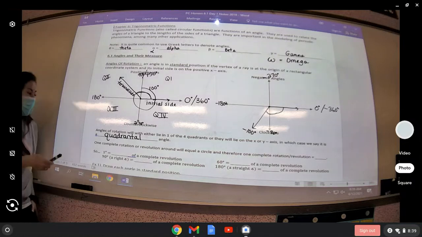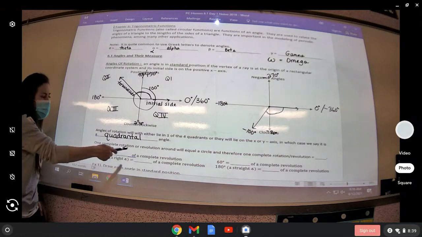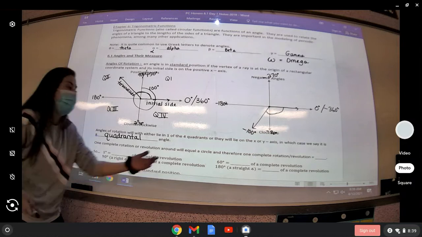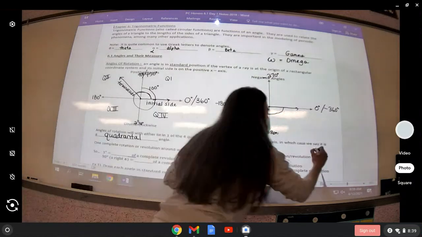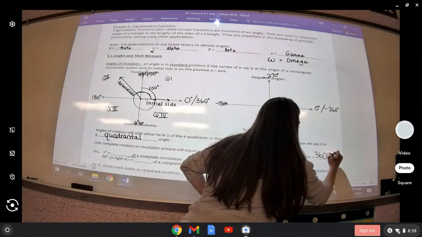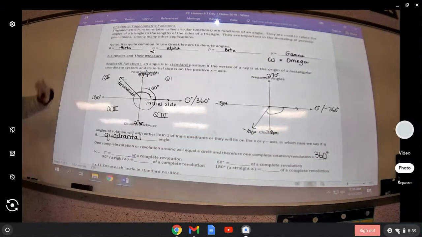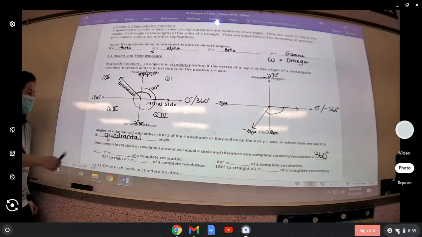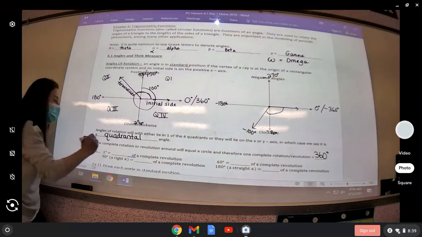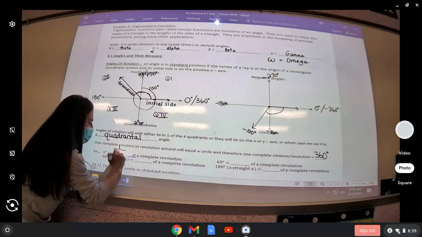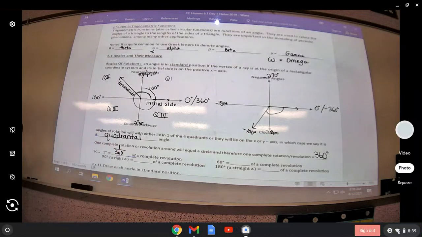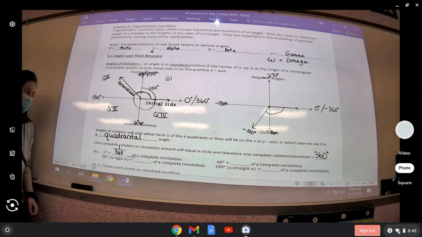Okay, so guys, one complete rotation or revolution around will equal a circle, and therefore one complete revolution is 360 degrees. So one lap around the quadrants and you've got 360 degrees. So that means 1 degree is 1 out of 360. It's 1/360th of a complete revolution. 90 degrees is 90 out of 360.